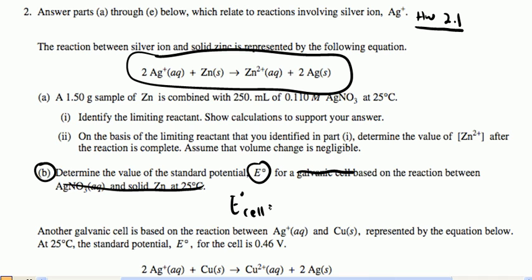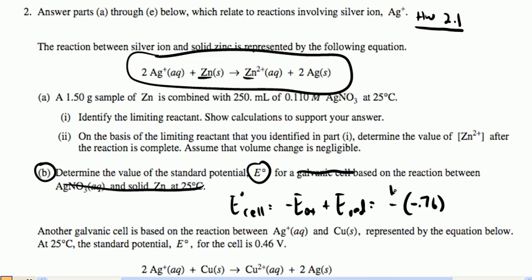E cell equals negative E ox plus E reduced. And the one being oxidized here is zinc, and according to our standard reduction potential chart, the value for zinc is negative 0.76.